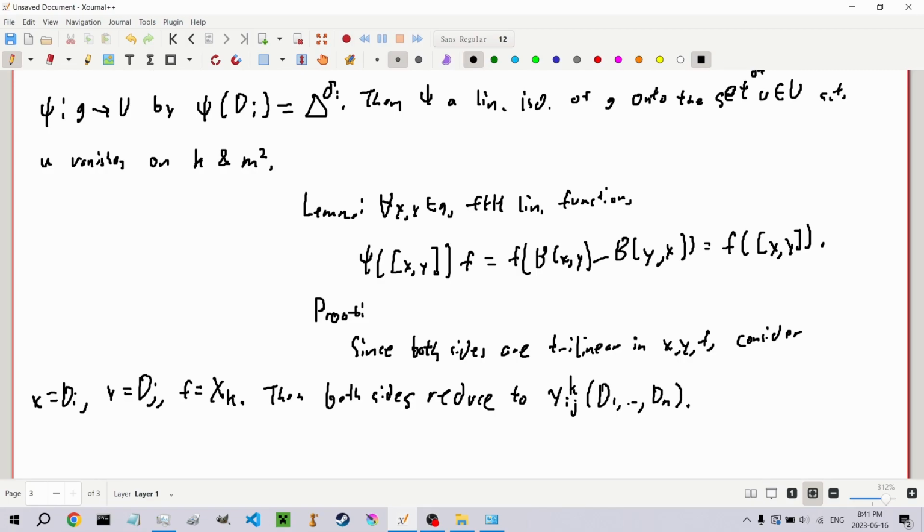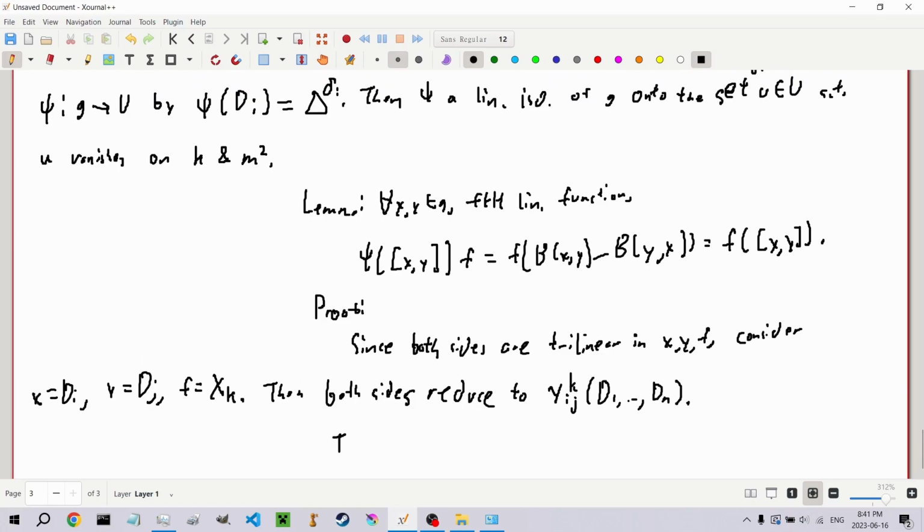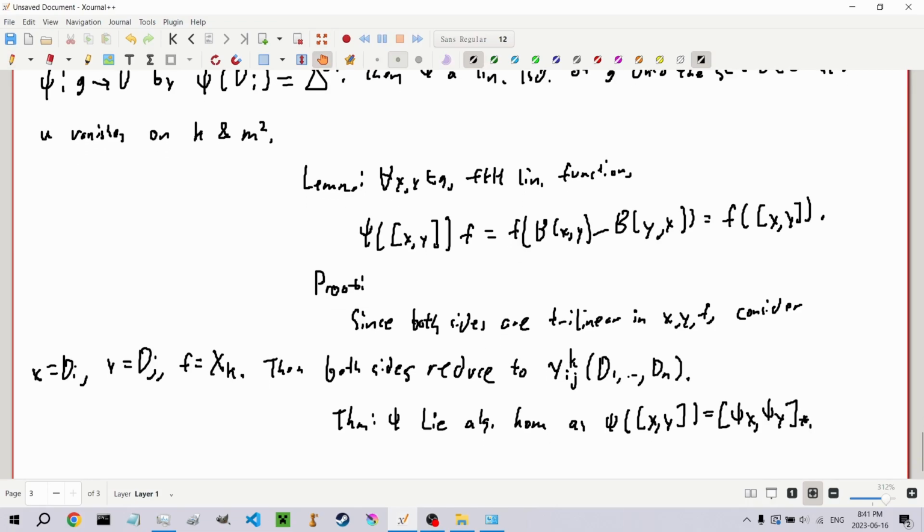There's a lot of stuff here to prove, but we'll keep going for a little longer. Theorem: C is a Lie algebra homomorphism, as C of the bracket of x and y being the bracket of Cx and Cy on our star case.